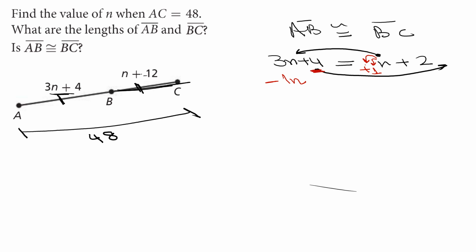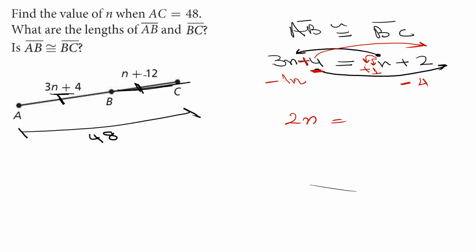Now here is a 4. Bring the 4 to the other side. It's plus 4. Always take the sign which is written before the variable. Plus 4 goes to the other side and you get minus 4. Now combine the like terms. 3n minus 1n gives 2n.